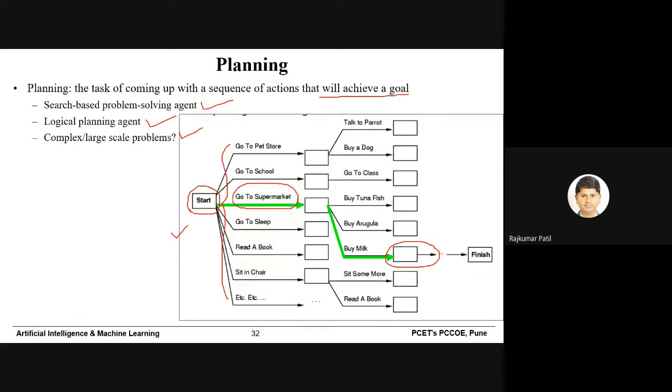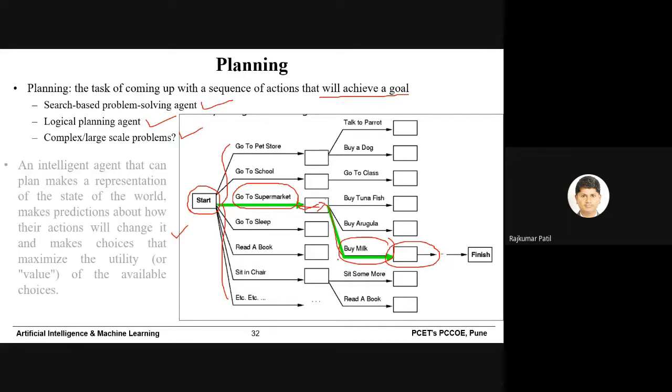And when you go to the supermarket, there will be so many things available, for example fish or stationery or milk, and your model is already trained for identifying the milk, and accordingly you will buy the milk and come back. So this is how the planning is to be made: where to go, how to identify the milk, and how to procure it and complete the task.